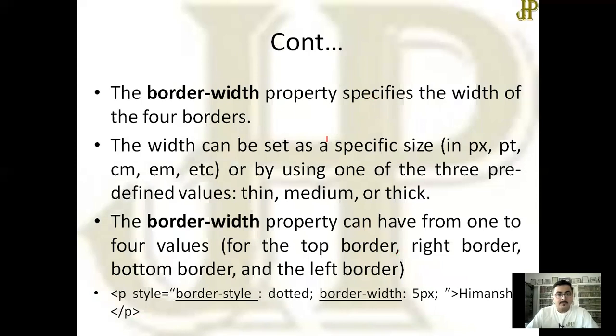Width can be achieved with the help of border-width, and the value can be given in pixel, point, centimeter, and many more. Here I have given the border width in pixels, which is the prescribed manner, 5px, and border style is dotted. Clear?